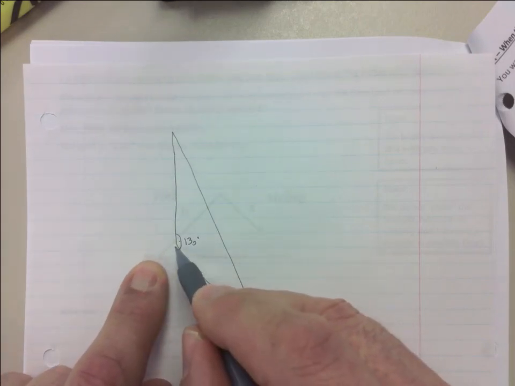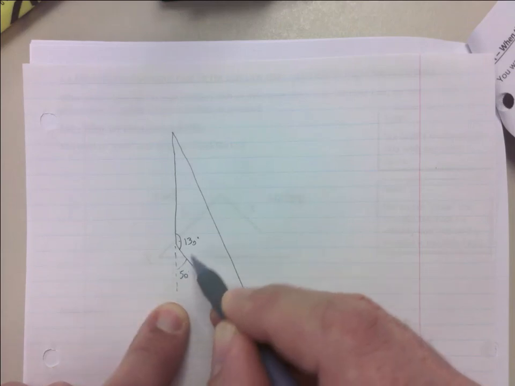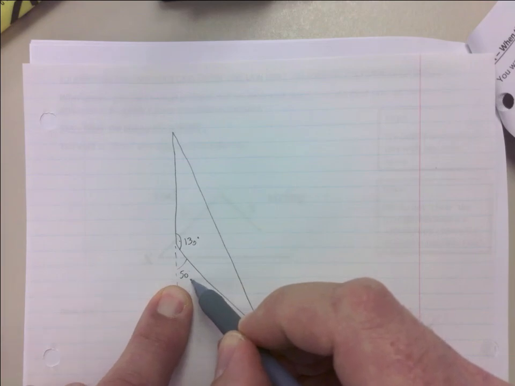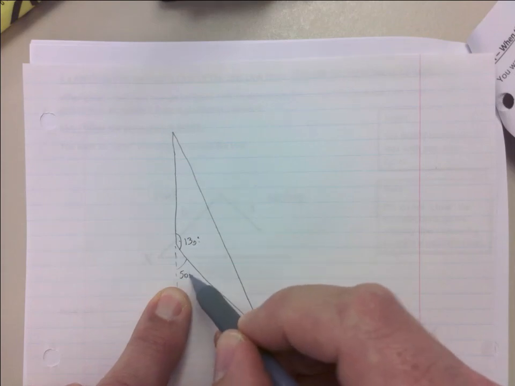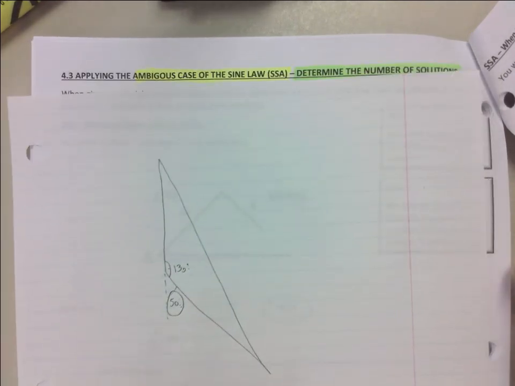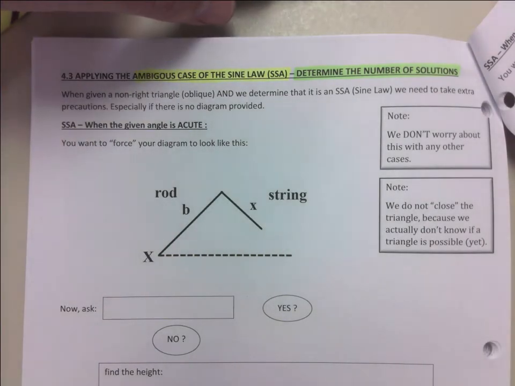Sine law would give you 50 degrees, because they're supplementary. It just doesn't know when it's obtuse and when it's acute. So we'll always go acute. Cosine law doesn't have that problem, so we don't have to worry about it when it's cosine law. That is why we're having to deal with this issue right here.